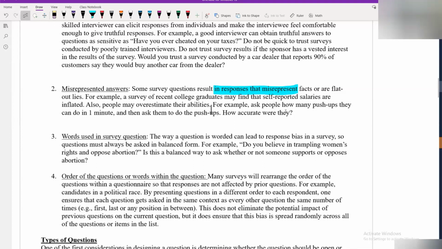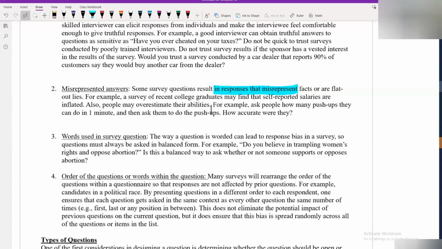For example, ask people how many push-ups they can do in 1 minute. Here at college, we may ask students how they feel about their courses. Do you think you are doing well in this class? The student may say, yeah, I'm doing great, and I'm able to solve all the problems. I'm the best student.